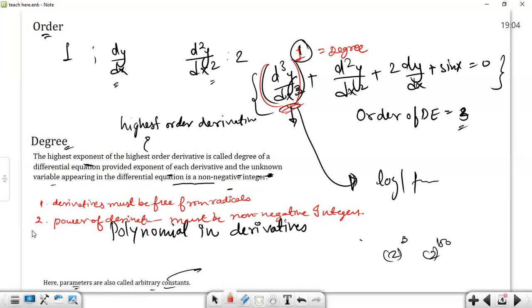So these are two conditions only. And the power of the derivative must not be in fractions. So as we have written, the powers of derivatives must be integers. Clear? So the highest exponent of the highest order derivative is called the degree of a differential equation.